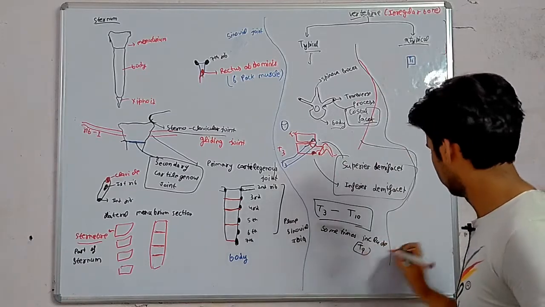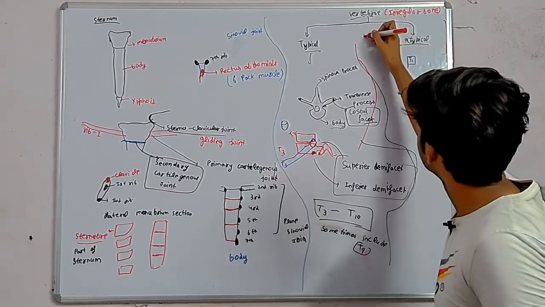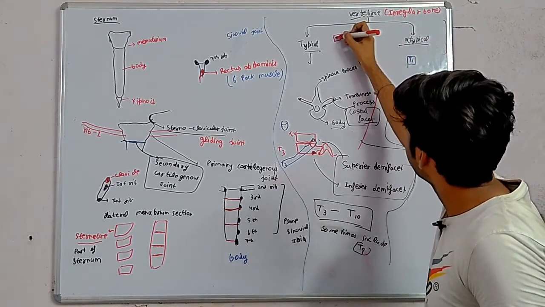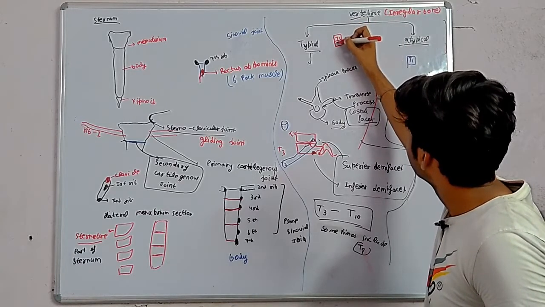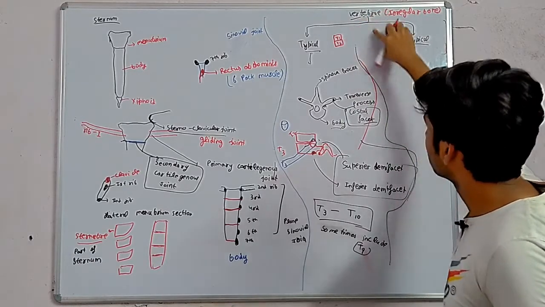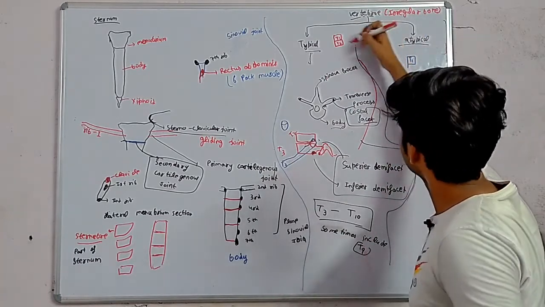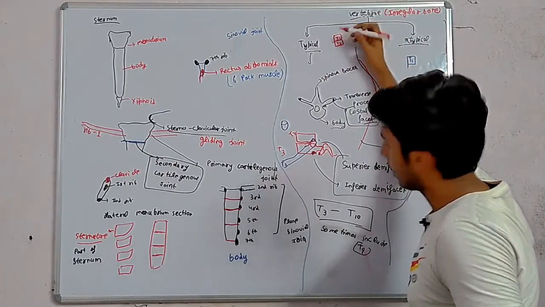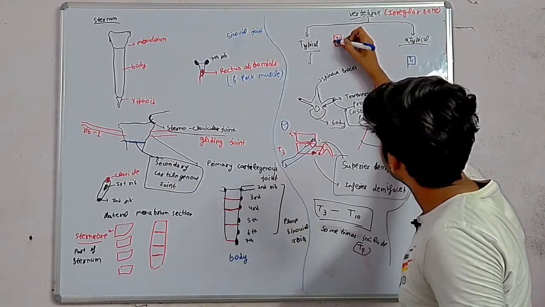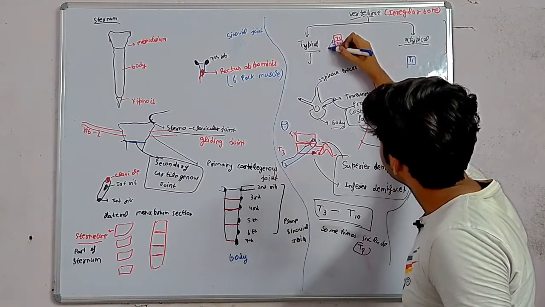T1, T2. Talking about the T2 rib, it is attached like this. This is the T2 rib.